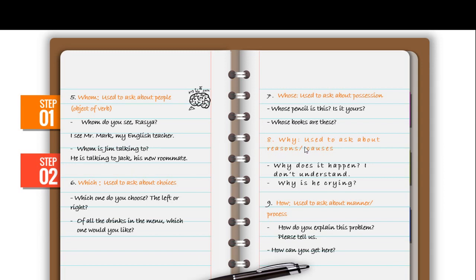Okay, 8. Why? It is used to ask about reason or causes. Why does it happen? I don't understand. So it's like the other questions. When you use why, it should be followed by do, does, or to be.